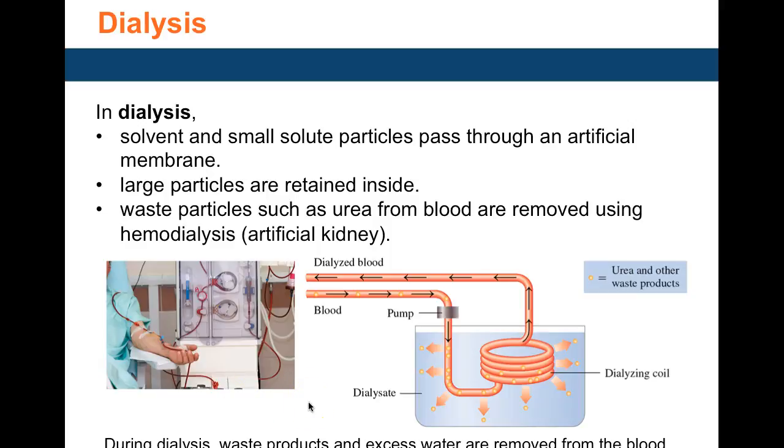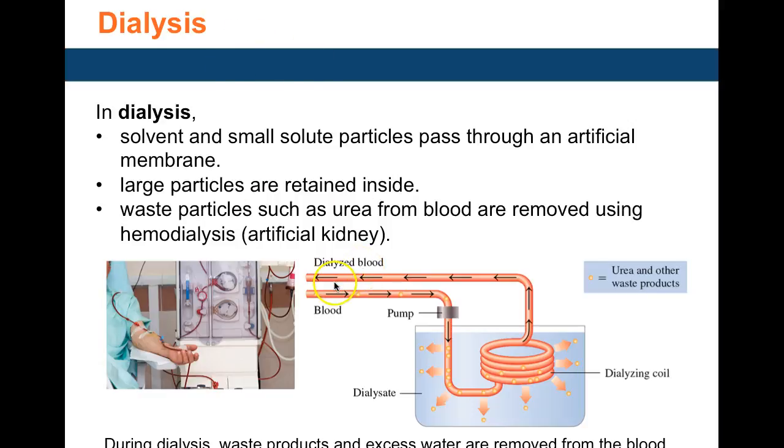Dialysis is a type of osmosis where, because the kidneys are not functioning properly, there's a buildup of uric acid and other ions, waste products that need to be removed from the blood. All right.